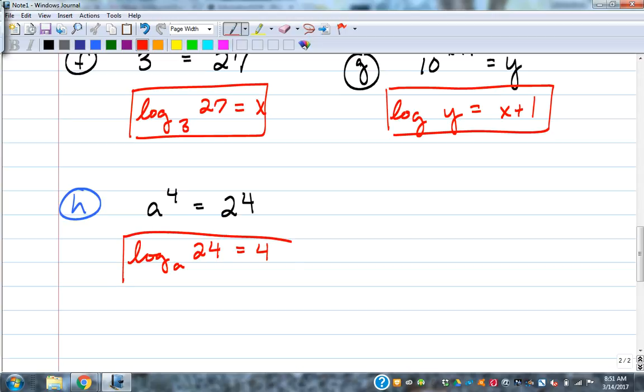Whatever the exponent is, what the whole thing's equal to. The base in the exponential is the base in the log. You're talking backwards. Just read it backwards, read the bottom, then read the top. The base is A. The exponent's 4. What is equal, of 24. Log base A of 24 is equal to the exponent of 4.